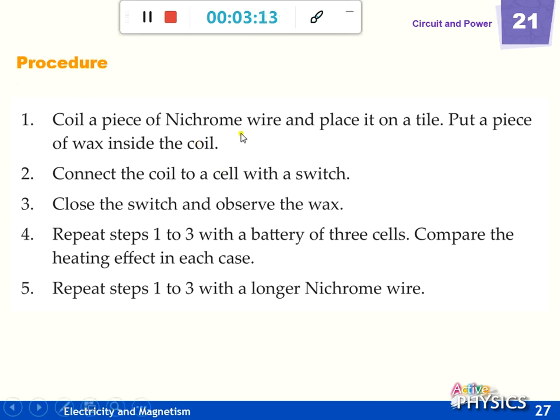This is a material that has a higher boiling point or melting point, very difficult to melt even if we give it a large amount of current or energy. This is connected to a cell, and then switch it on and observe what will happen. For the rest, the melting point is so low that if you give it a certain amount of energy, it will melt down. And repeat the experiment using a different wire, a longer wire, like that, to change its resistance.